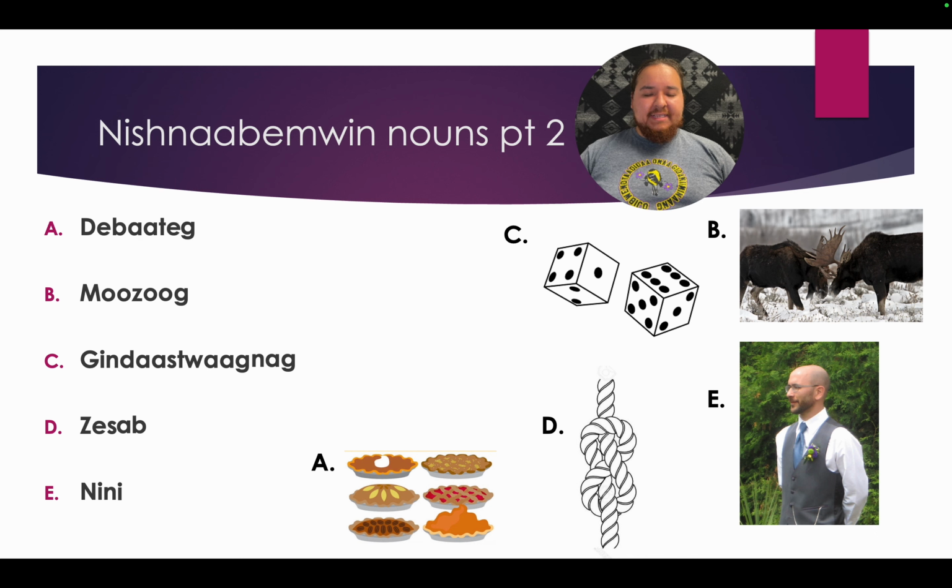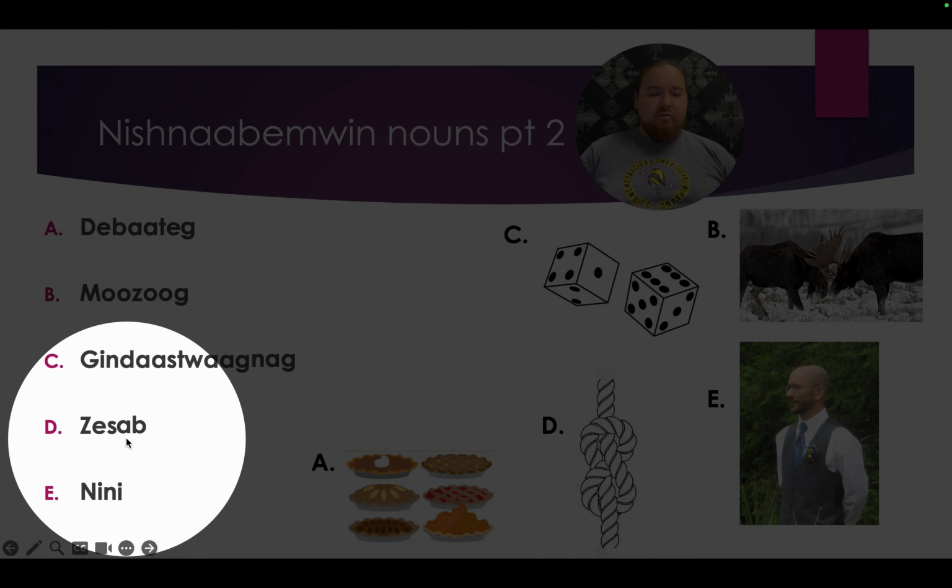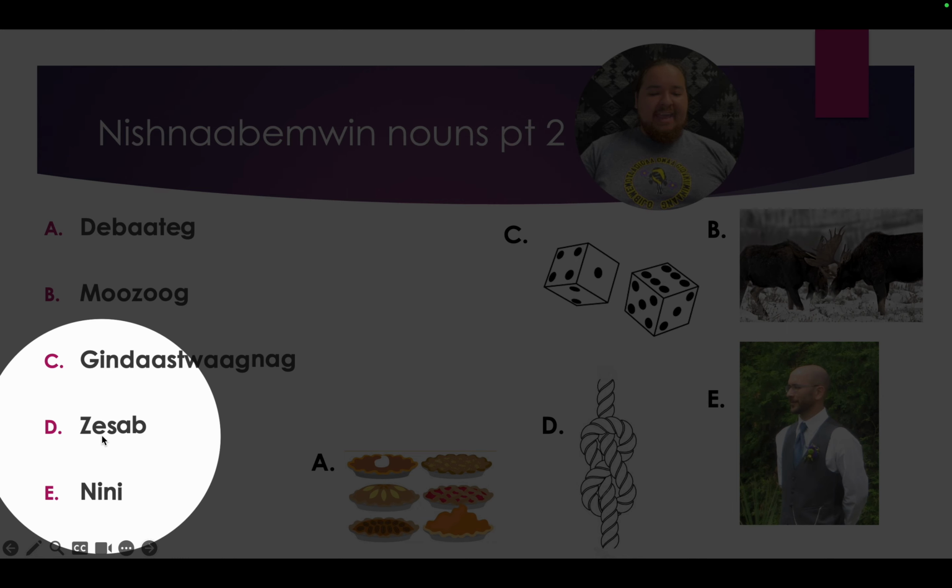Next one, Zesub. Let's check the second last consonant sound. So we have a B sound here. B, closed mouth, struggle to maintain. We know A is a short vowel sound. S is made with a closed mouth. E is maintained with an open mouth, so we know that's a vowel sound.